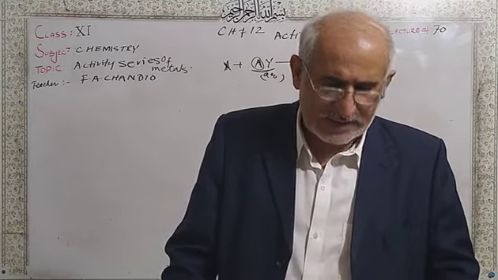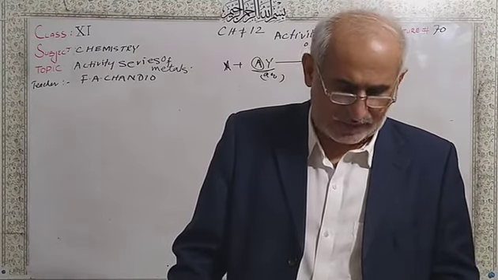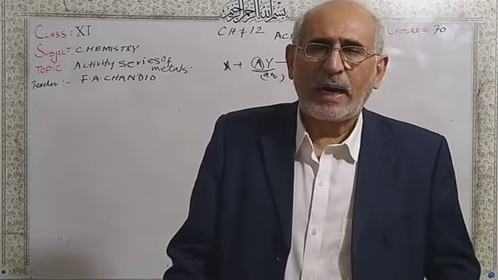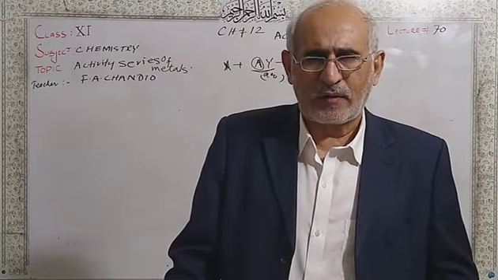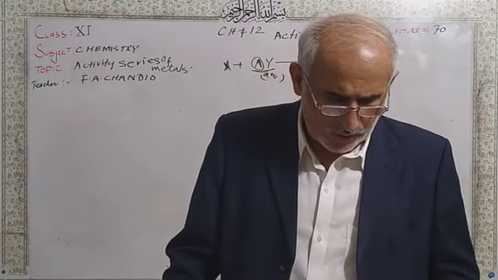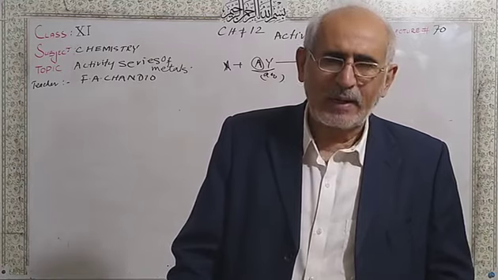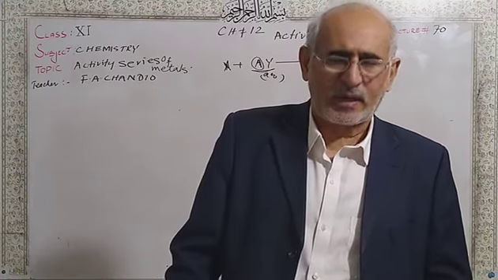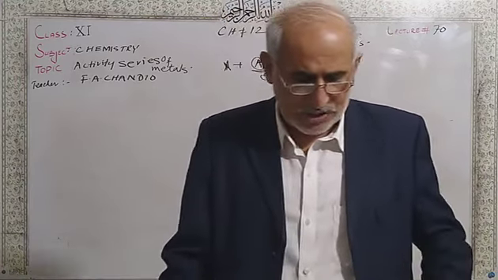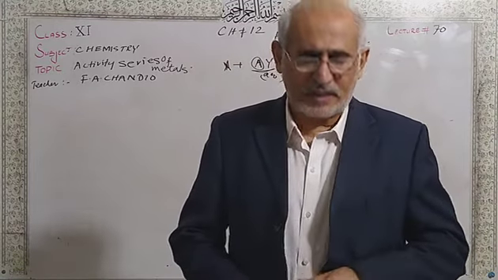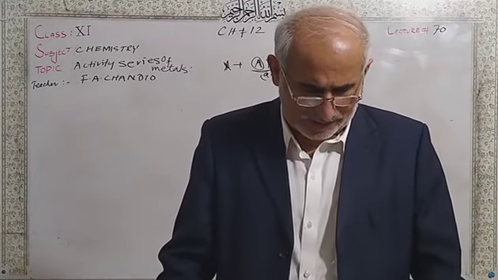Moderately active metals react slowly with acid and do not react with water. Cobalt, nickel, tin, lead do not react with water, but react slowly with acids, such as hydrochloric acid.